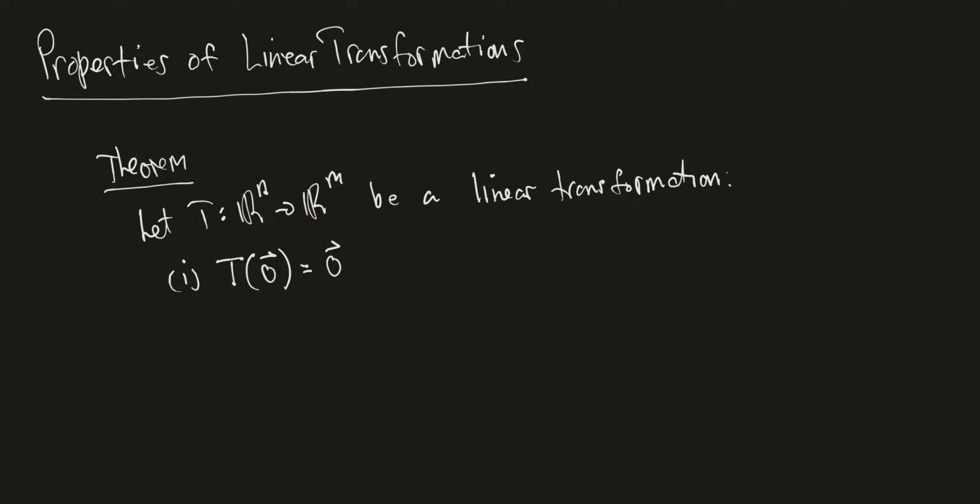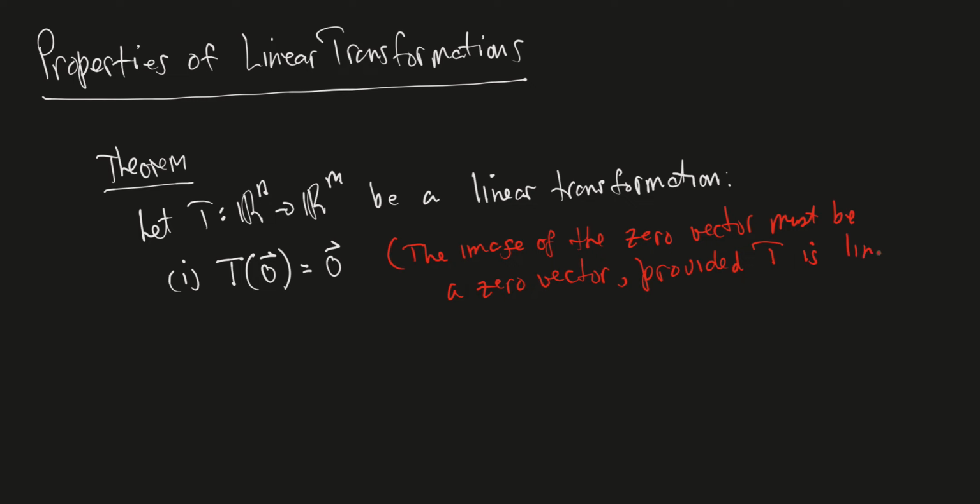So basically what this says is that the image of the zero vector must be a zero vector, provided T is linear. All right, so that one's pretty helpful.